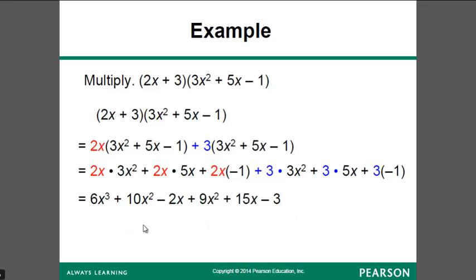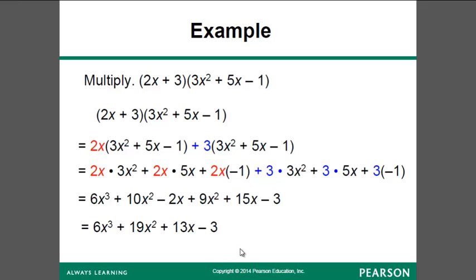Now at this point, I need to combine like terms. The 6x cubed, that's my only x cubed, so I'll keep it. I can combine the 10x squared and the 9x squared, giving me 19x squared. I can also combine the negative 2x and the positive 15x, giving me 13x, and then the negative 3.